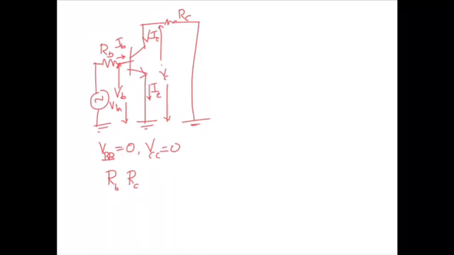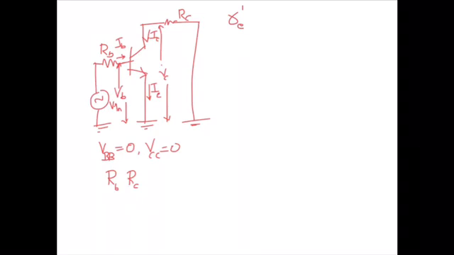In this characteristic diagram, the forward biased base emitter junction exhibits a very low resistance to the AC signal V in. Let us designate this internal AC emitter resistance as RE bar.